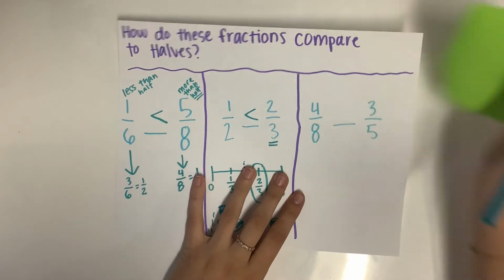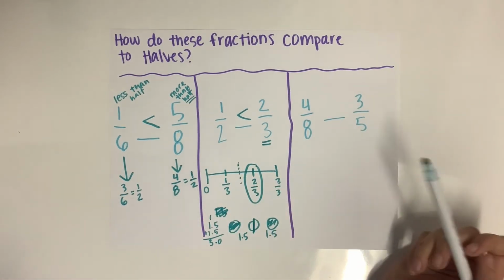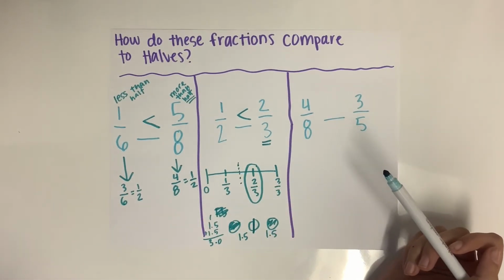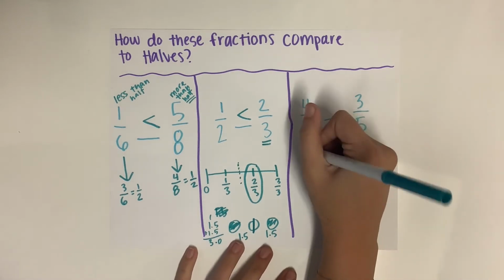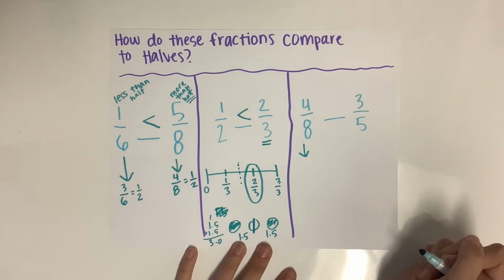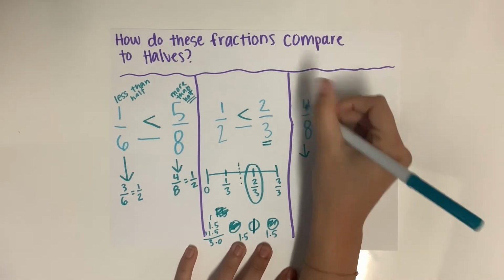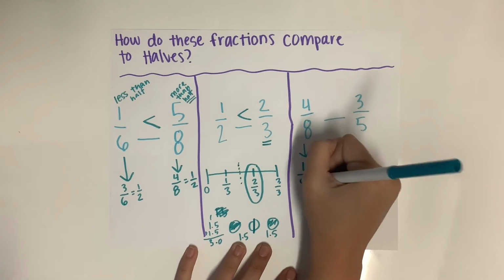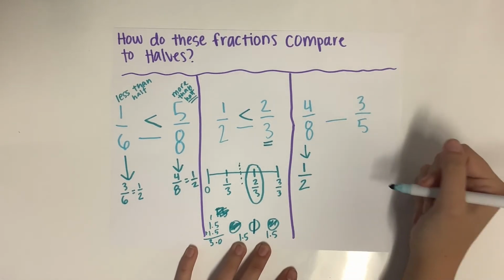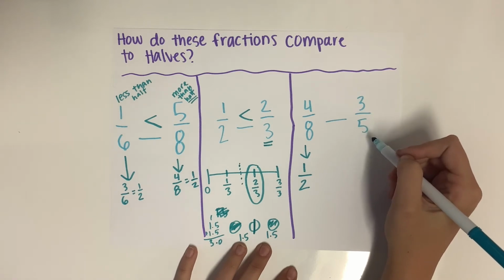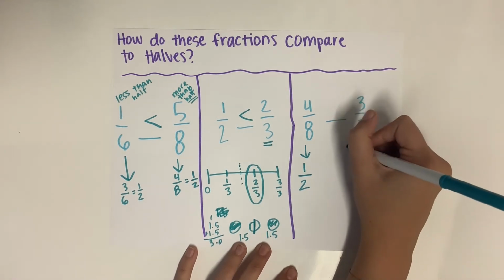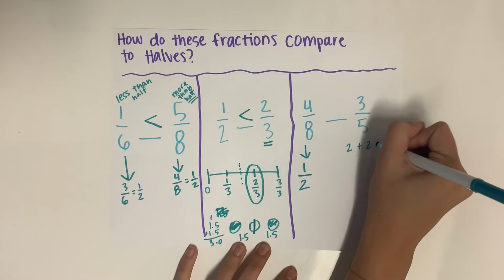Okay, let's look at this last one. 4/8 compared to 3/5. Okay, what do we know about 4/8? Well, 4 is half of 8, so 4/8 is literally 1/2. What about 3/5? Well, again, 5 is an odd number. I know 2 plus 2 makes 4.